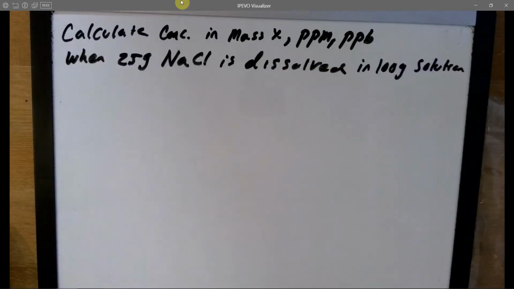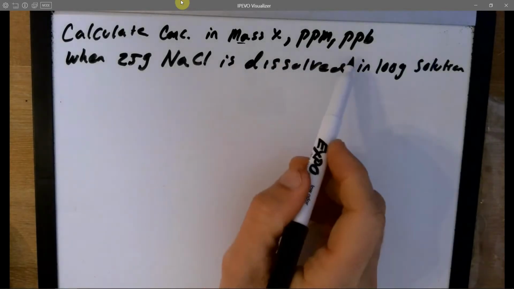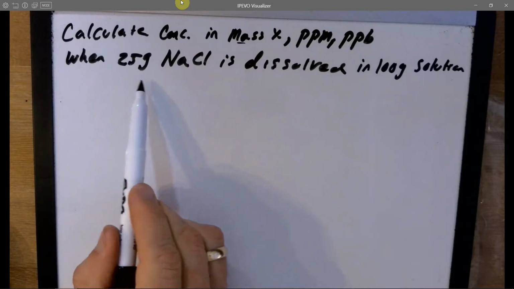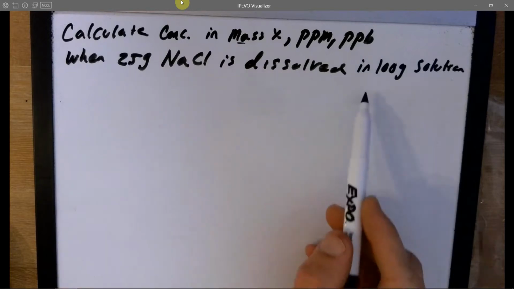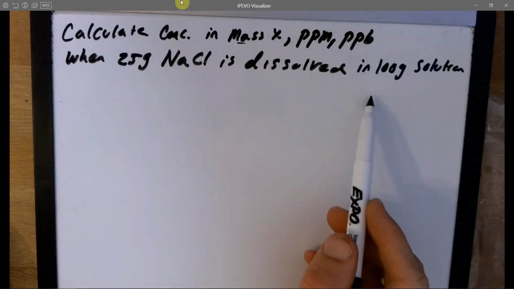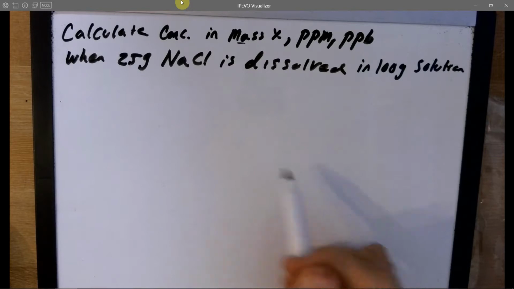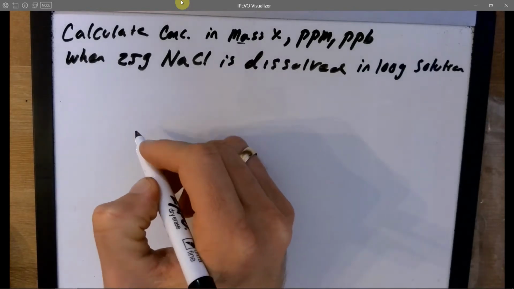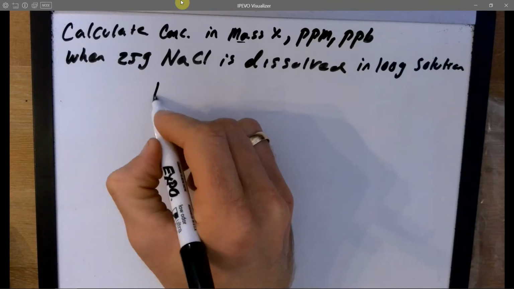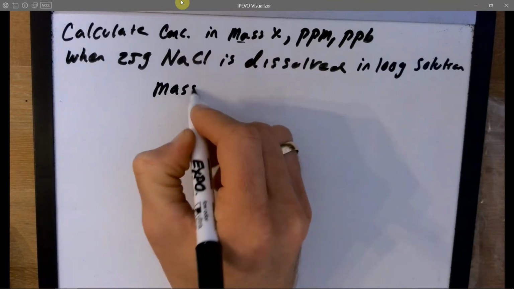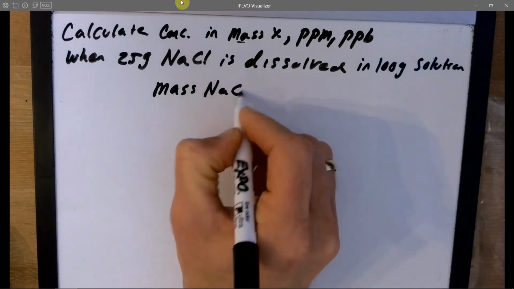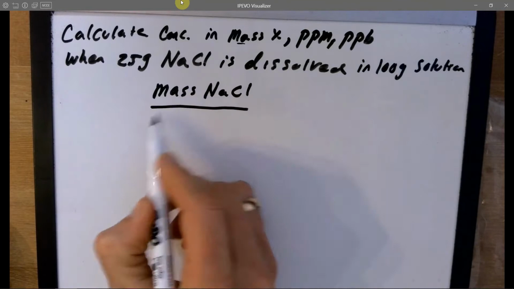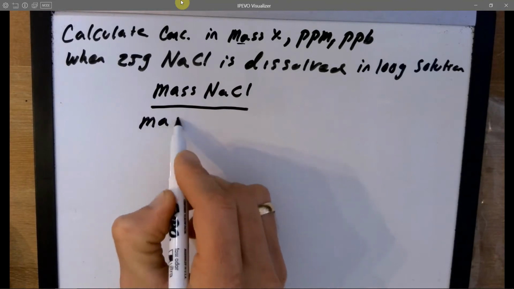So I picked something that's hopefully fairly simple to use. Calculate the concentration in mass percent, parts per million, and parts per billion when I have 25 grams of salt dissolved in 100 grams of solution. Okay. For all of them, what we need is the mass fraction. We need mass of NaCl divided by the mass of the solution.